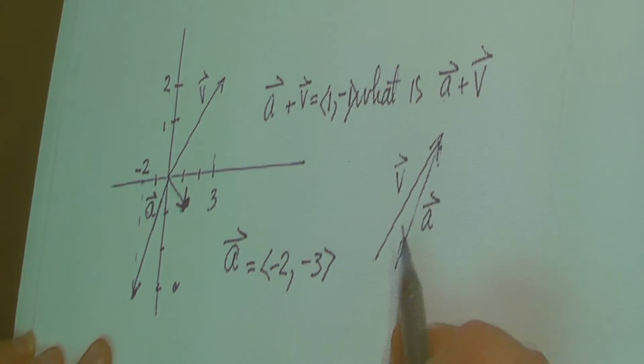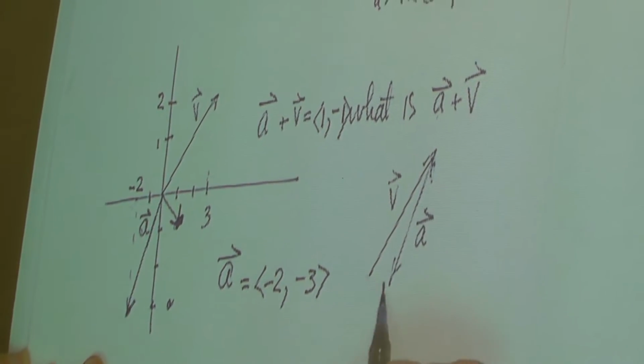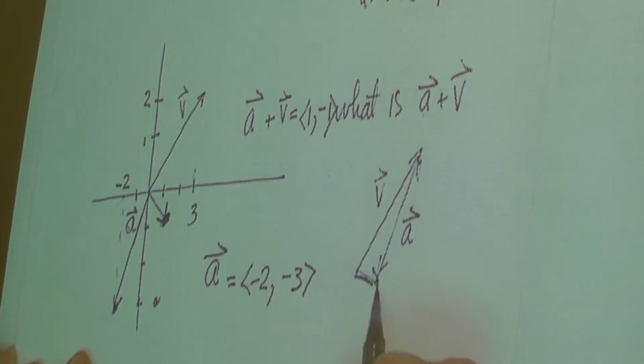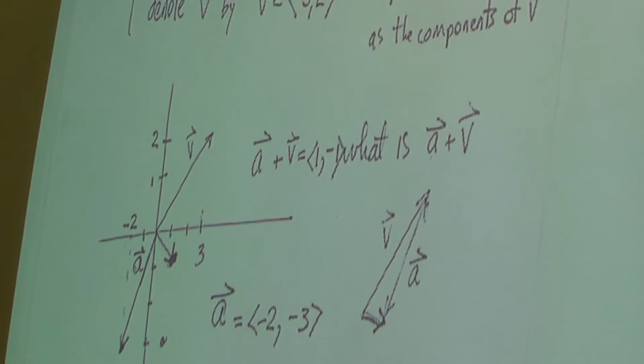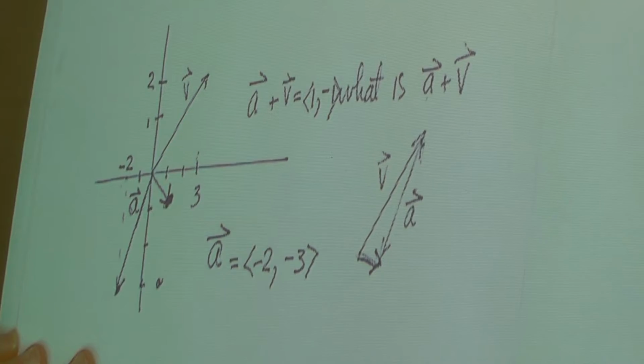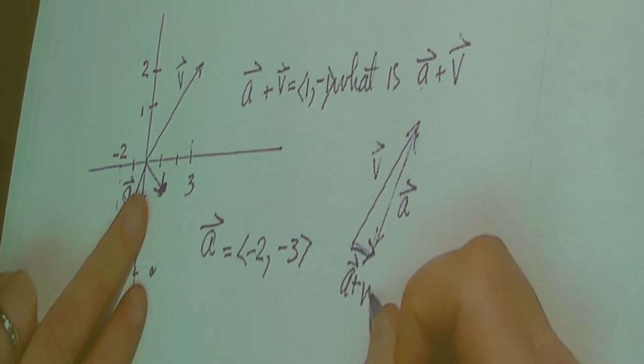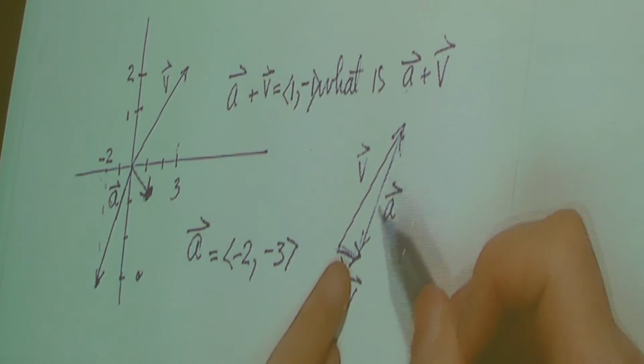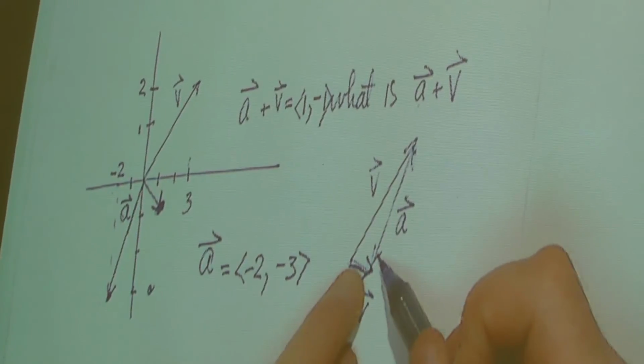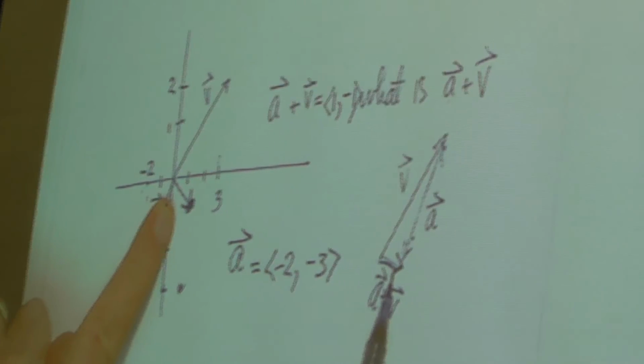What would A plus V be? It would be like that. That's my A plus V, and I'm off a little bit because I'm off in these drawings, but you can see I'm getting the same thing.